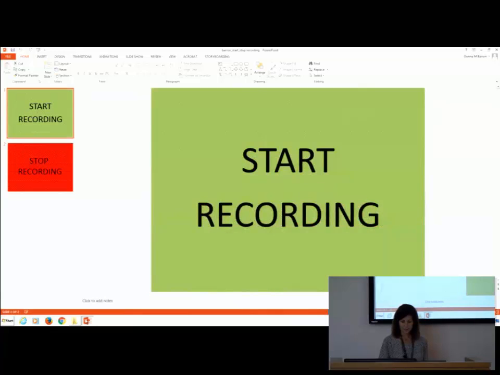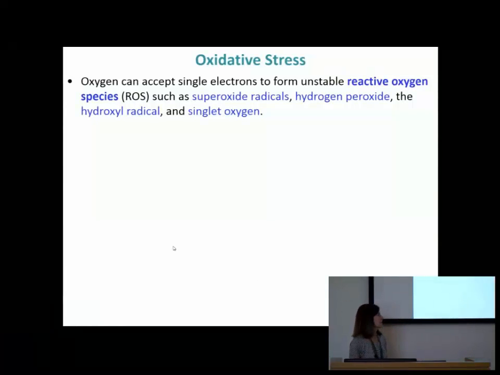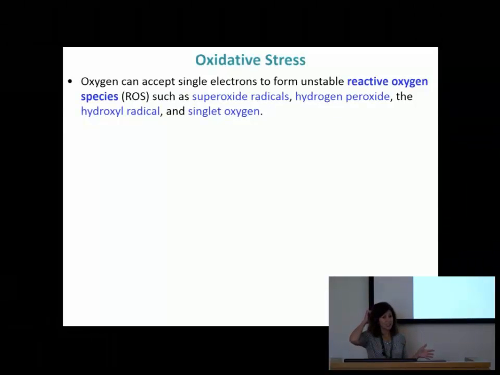It's amazing that we survive the atmosphere that we live in. Having oxygen in our atmosphere is incredibly corrosive, and it's because this oxygen is very reactive.